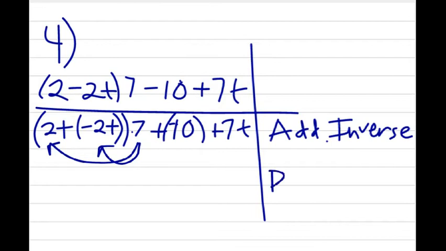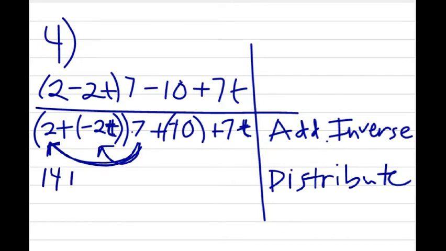So when I distribute, I get 7 times 2. Now, one thing to keep in mind, especially because we have t's, you don't want the t and the plus sign to get confused. So be aware of that. 7 times 2 is 14. 7 times negative 2t is negative 14t.